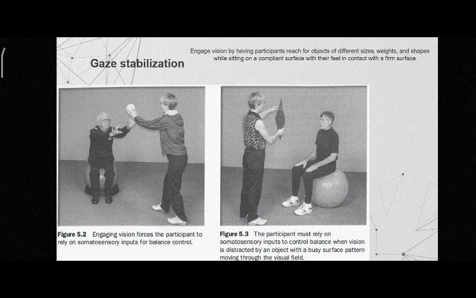So the physician will be changing the position, and in the second diagram we can see that the patient is fixating on a particular object or a particular diagram in this whole chart. So this is very important for gaze stabilization exercises.